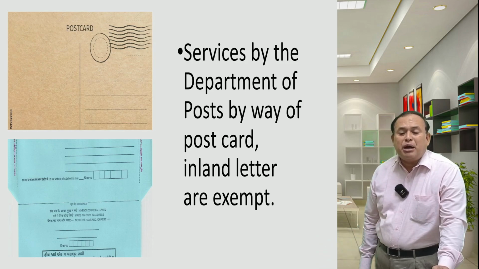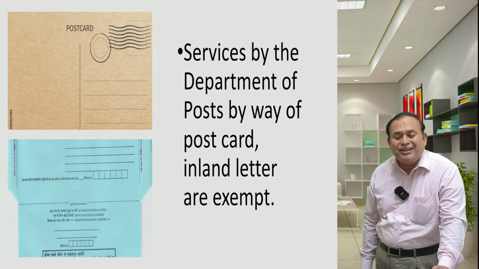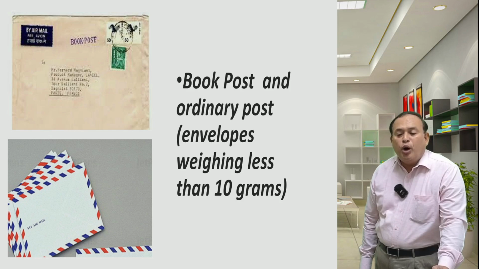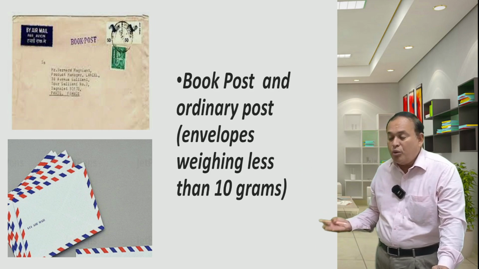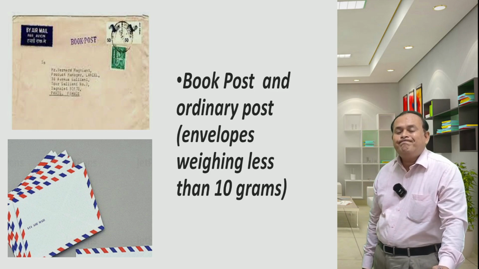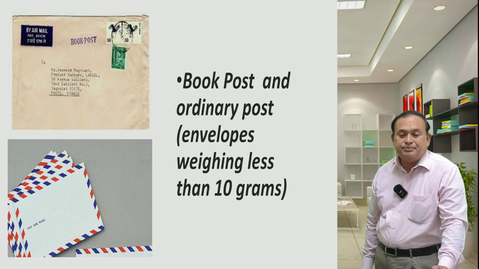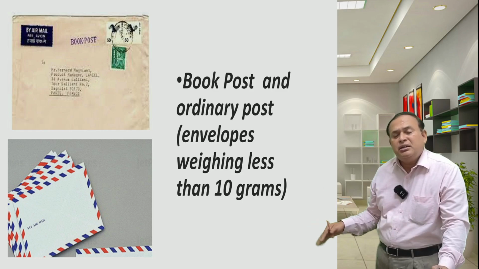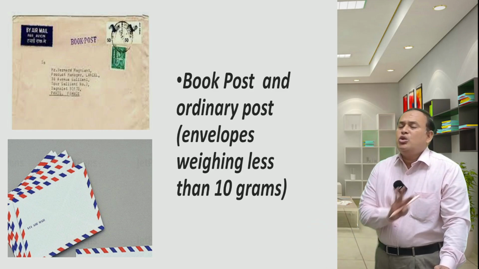Services by way of postcard and inland card are exempted. Book post and ordinary post, where the envelope weight should not go beyond 10 grams. It should be less than 10 grams, not even equal to 10 grams. Then it qualifies for exemption. If the Indian Postal Department provides other services that are not exempted, they are taxable. Forward charge, no reverse charge.